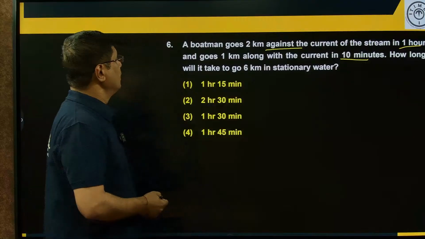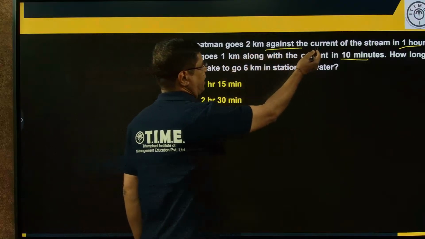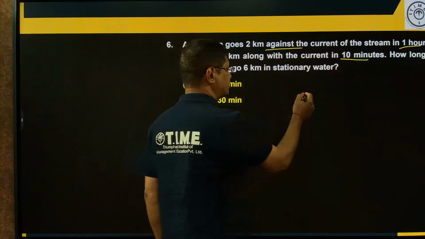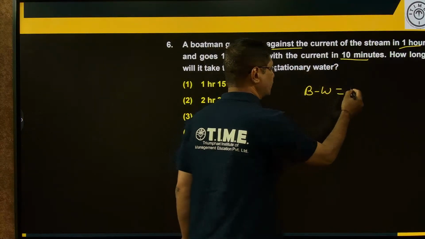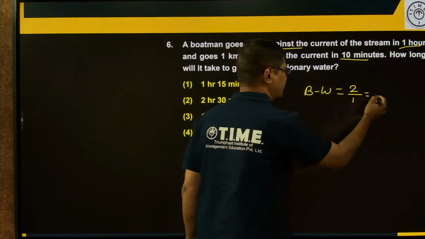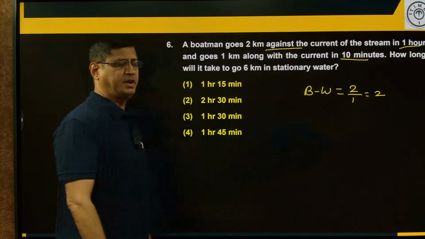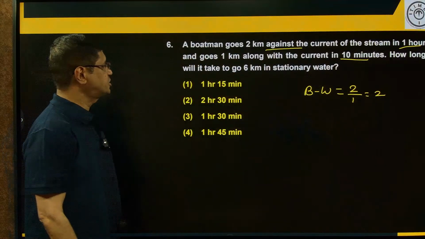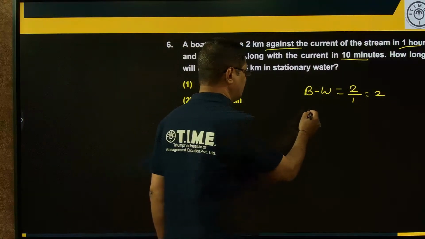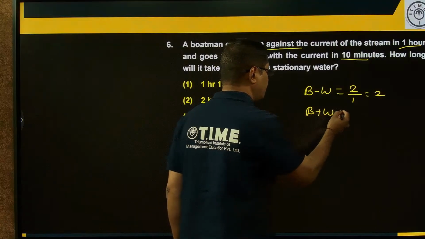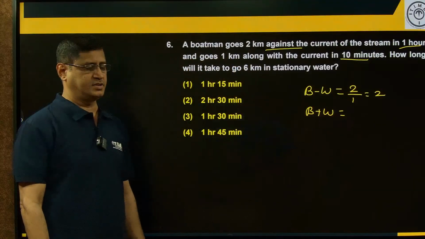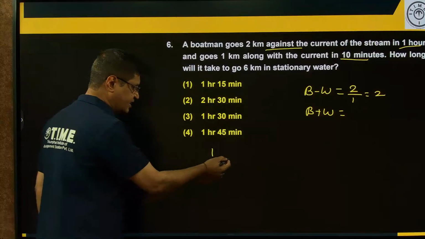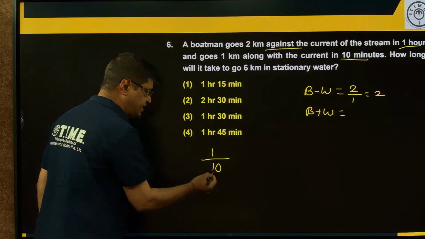Now, against the current means B minus W. 2 kilometers in 1 hour means 2 by 1, that is 2 kilometers per hour speed. What about the downstream? Downstream, B plus W is equal to how much? 1 kilometer in 10 minutes. 1 kilometer, that is the distance. 10 minutes, that is the time.